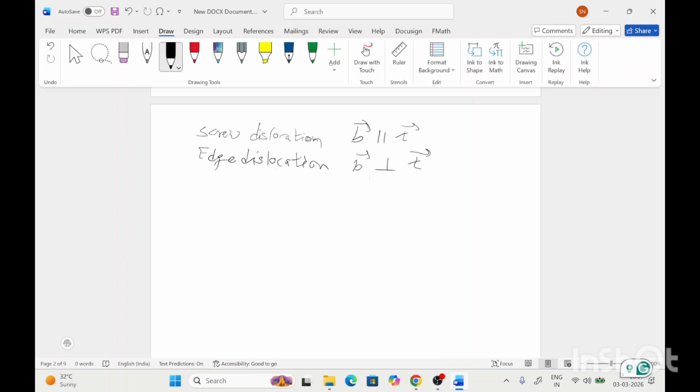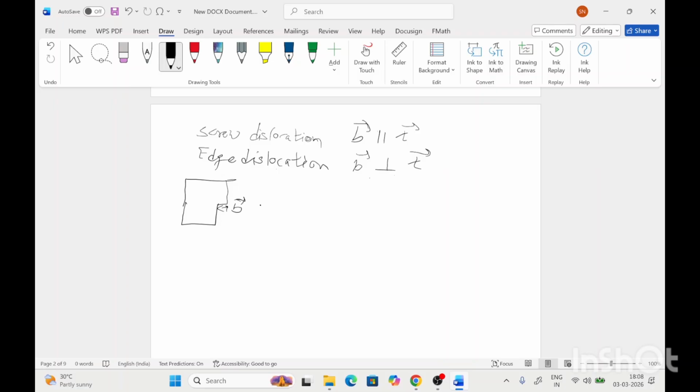Next, what is the direction of the step created while the dislocation leaves the crystal? Meaning when the dislocation moves through the crystal and exits, some step is created after it leaves the crystal. The amount of this step is given by the Burgers vector, so it is equal to the Burgers vector.